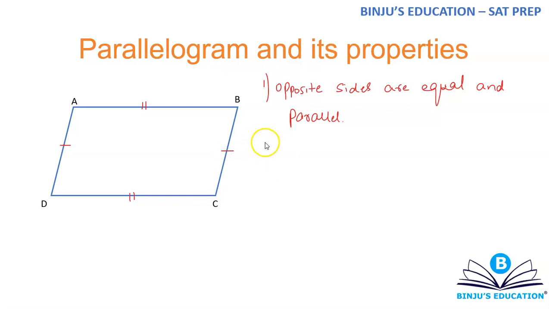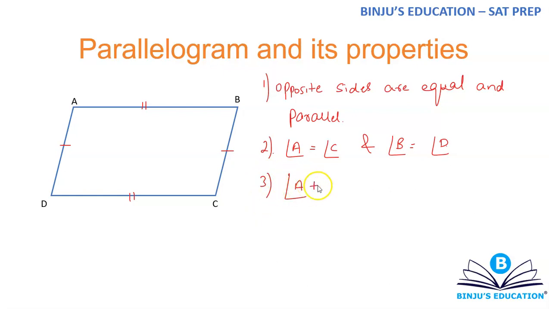Second thing which you need to remember in a parallelogram, opposite angles are always equal. That is, angle A is equal to angle C and angle B is equal to angle D. Third thing, sum of the adjacent angles is always equal to 180.